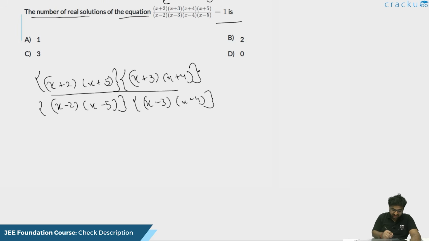So what will this be? This will be x square plus 2x plus 5x, so x square plus 7x plus 5 2s are 10.